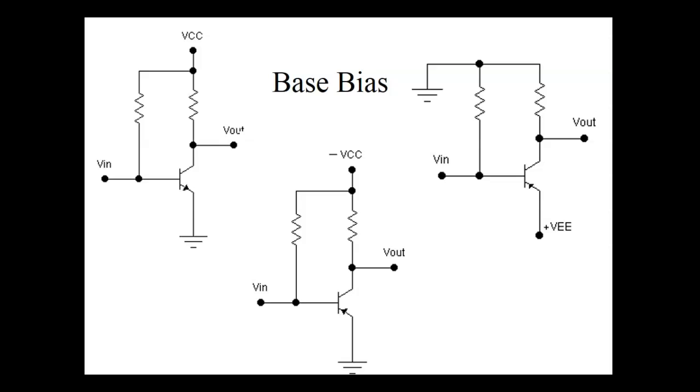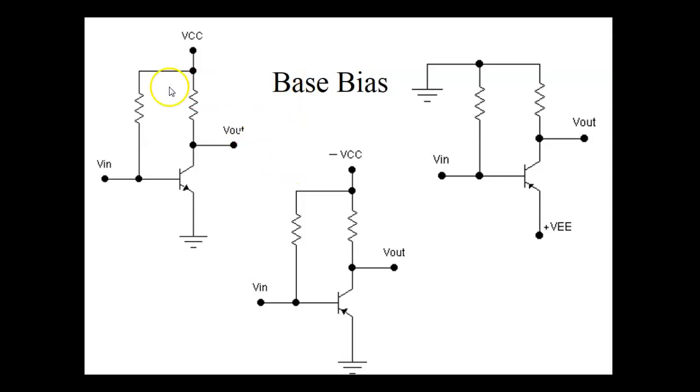The resistors in this situation determine what type of bias we have. The primary control, where it sets the operating condition, is the size of this resistor right here. That determines the base current. Then the base current would control the collector current, and the collector current would determine what our output is. That make sense? Yes or no?